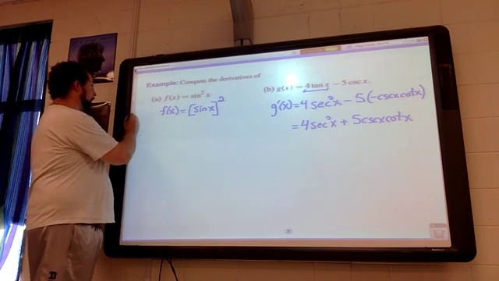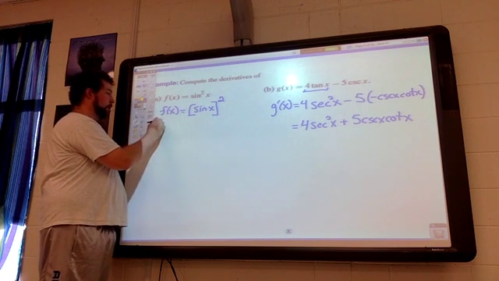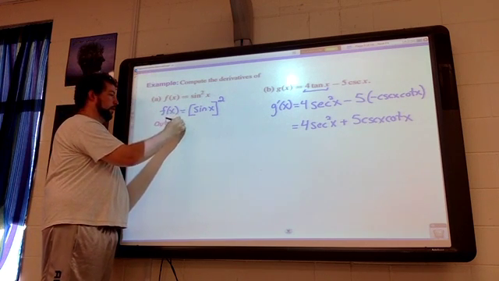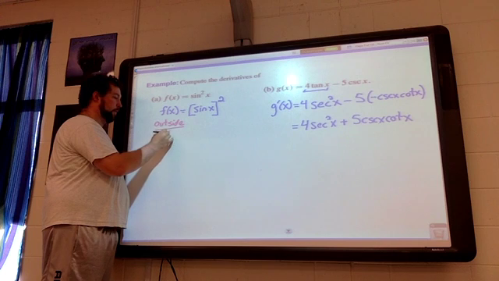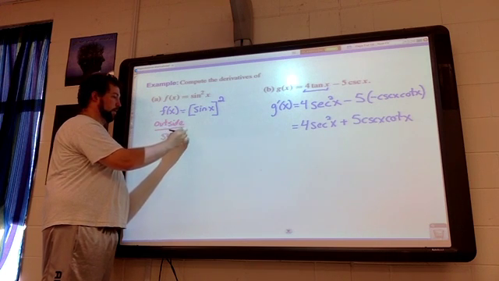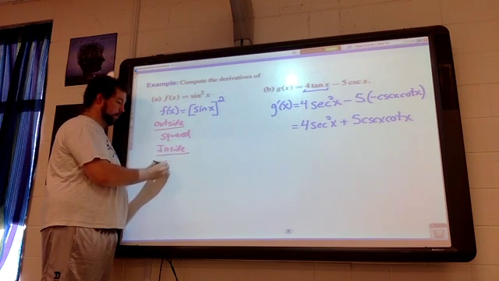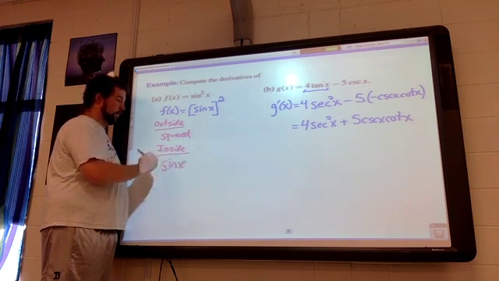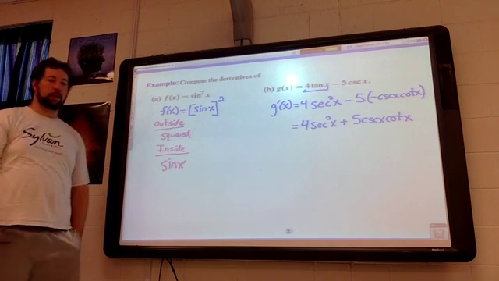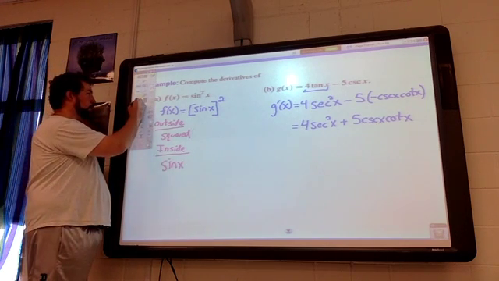My outside part of this function is the squared. The inside is the trig function, the sine. So you've got to apply the chain rule.